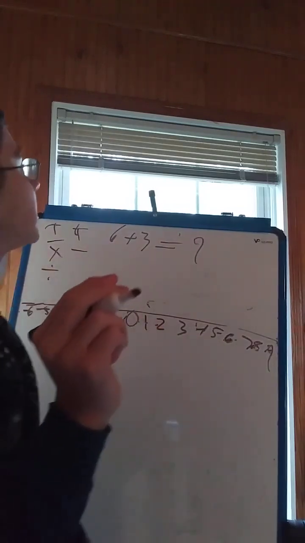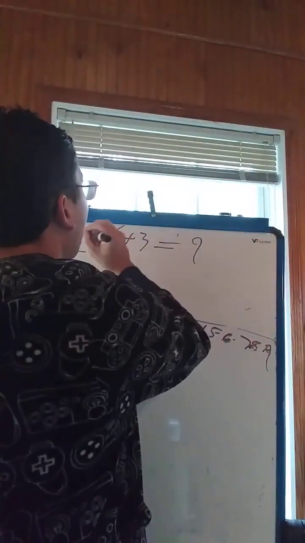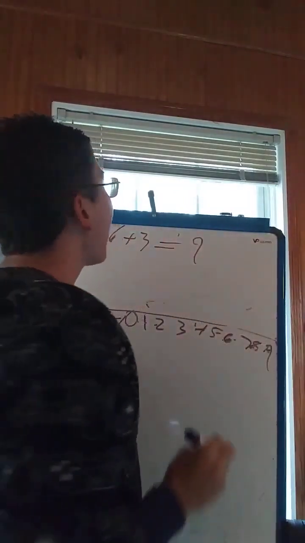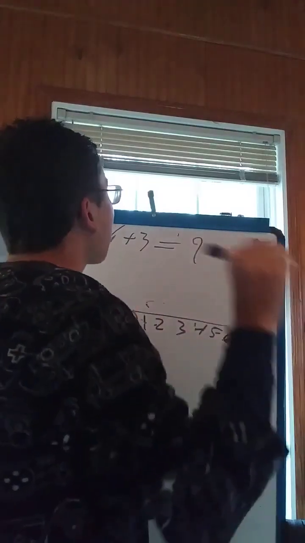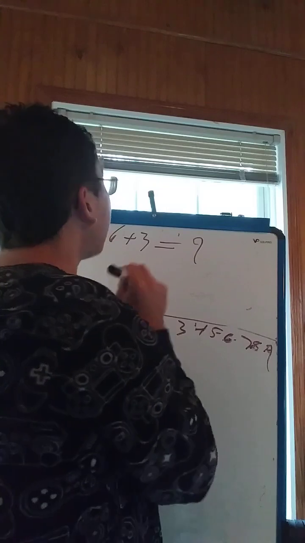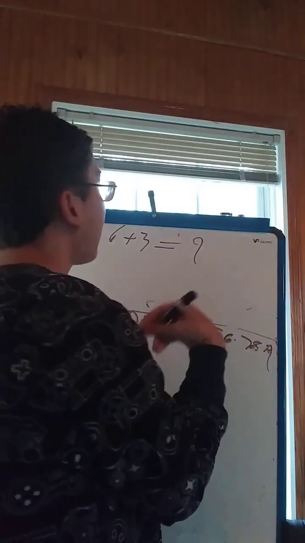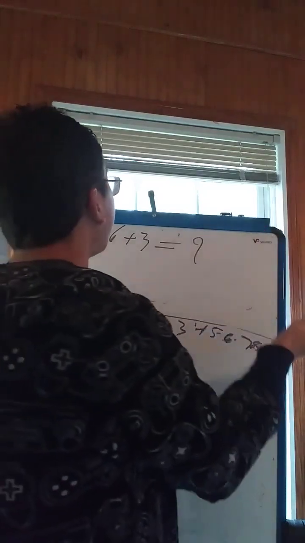Now, integerally speaking, if I had to make up a word, both of these are positive. When you have two numbers in your problem that are the same sign in an addition problem, you add. And then the answer would be a bigger number.